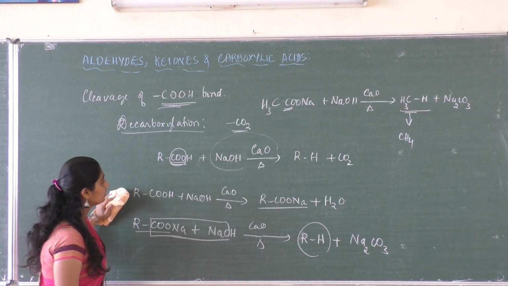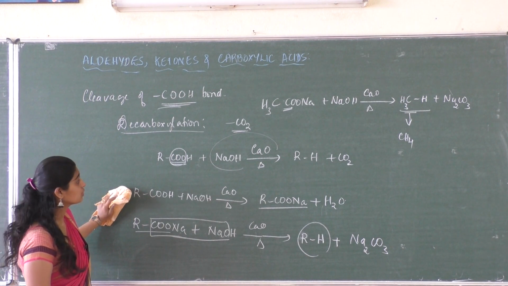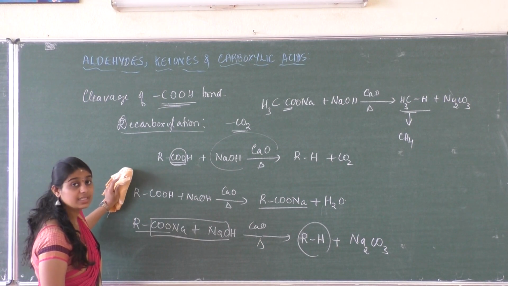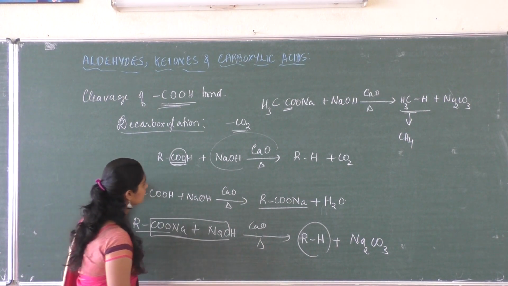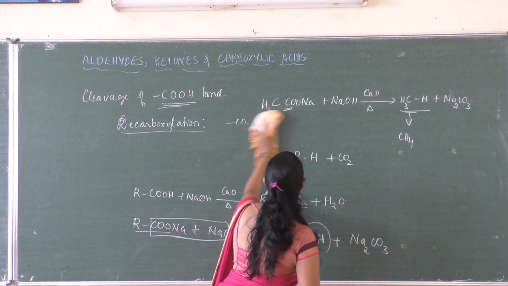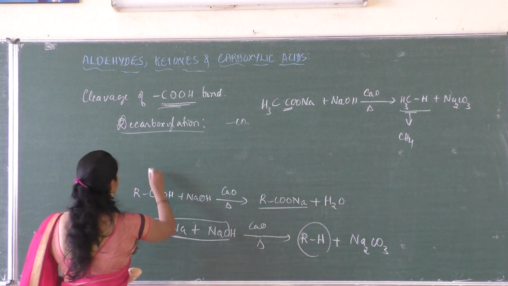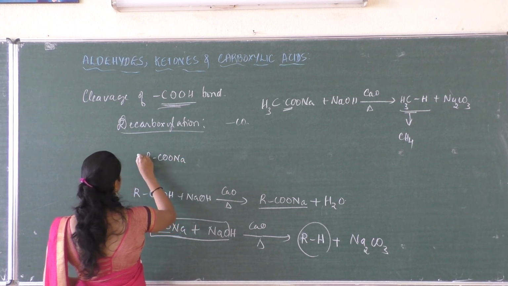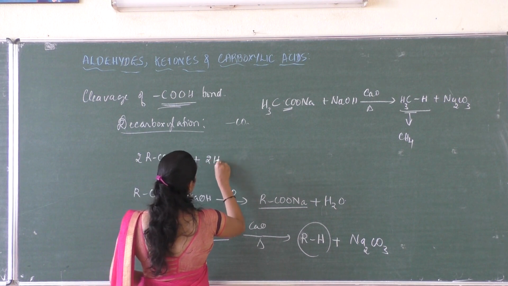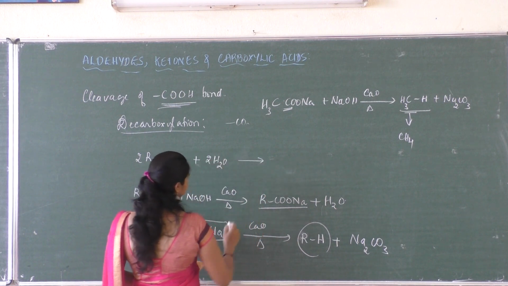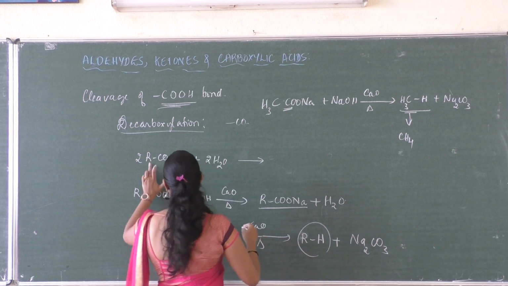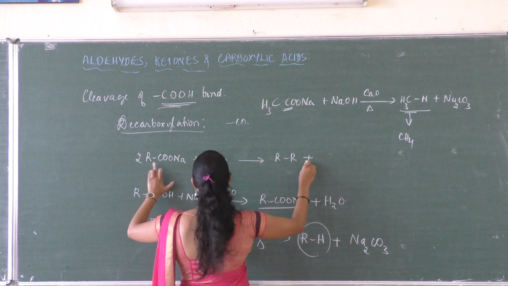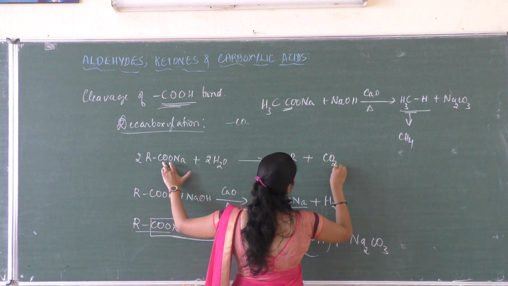When the aqueous solutions of sodium or potassium salts of carboxylic acid are electrolyzed, we get higher alkanes, that is R-R, plus carbon dioxide.